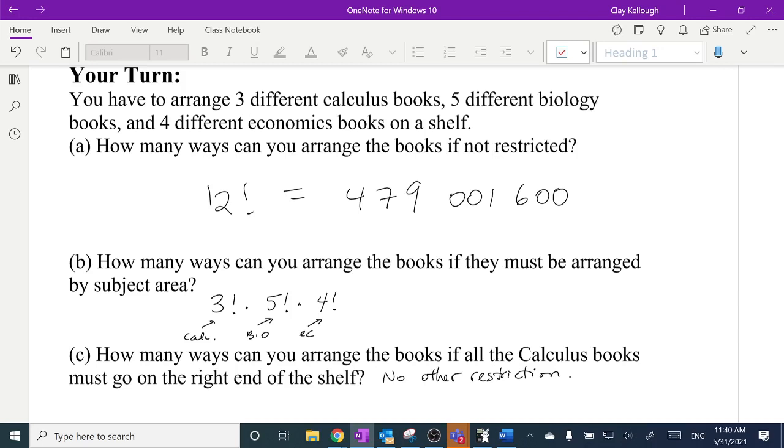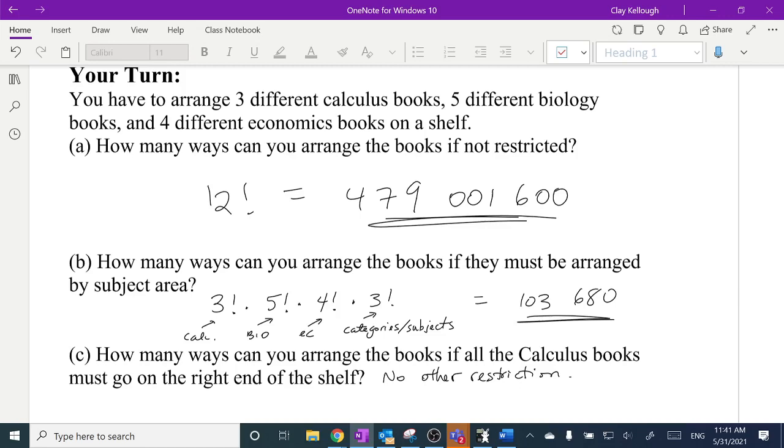But then this is 3 different categories that I can arrange 3 factorial different ways. I should have said subjects, not categories, but you get the idea. And then when you multiply all that out, you get a much smaller number, only 103,680.